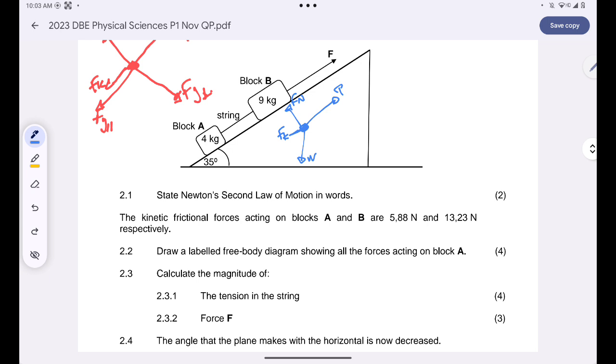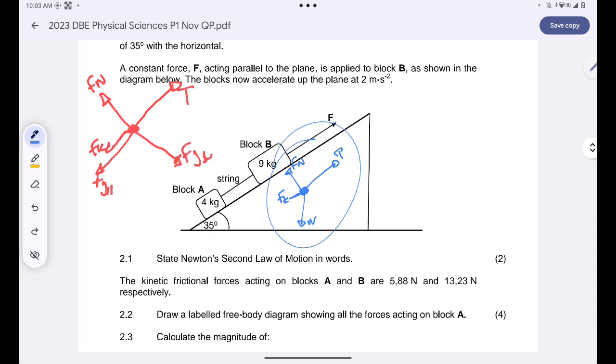Always remember that. You can either draw it like this or like this, and you'll get your 4 marks in full. I prefer drawing it like this because I will use all the forces, especially if my object is moving on an inclined surface.